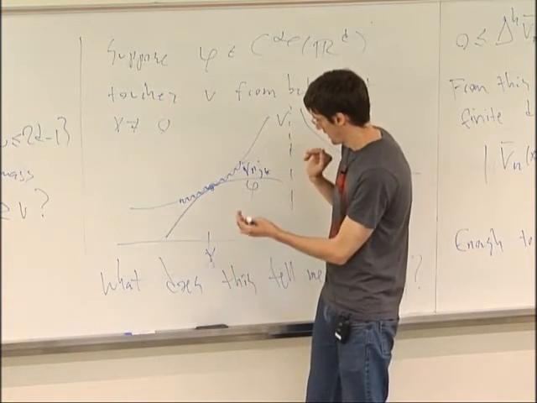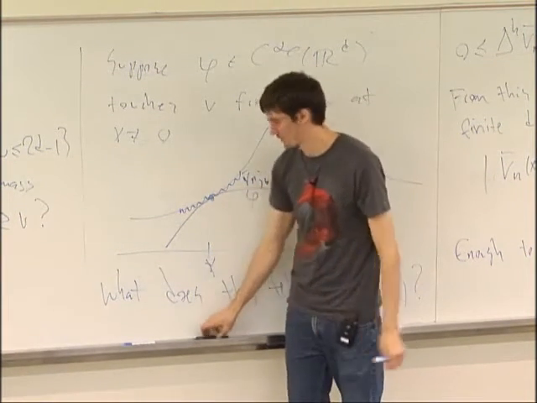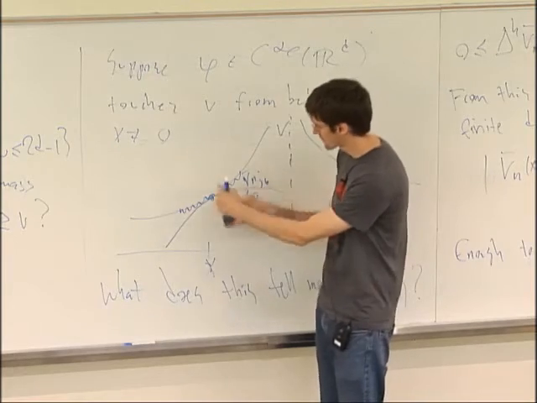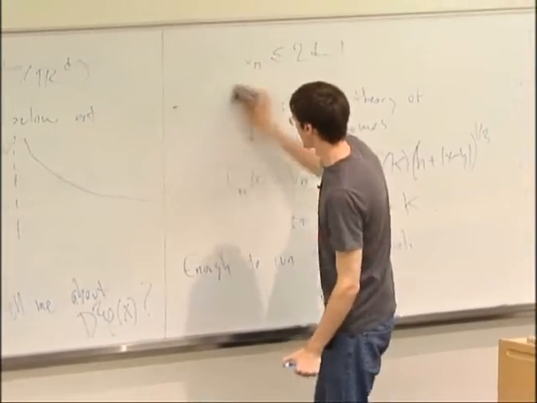And I want to use this to read off information about the Hessian. If you're careful about how you zoom in, so you blow up at this point, and you're careful about how you choose these representatives, what you can prove is the following.